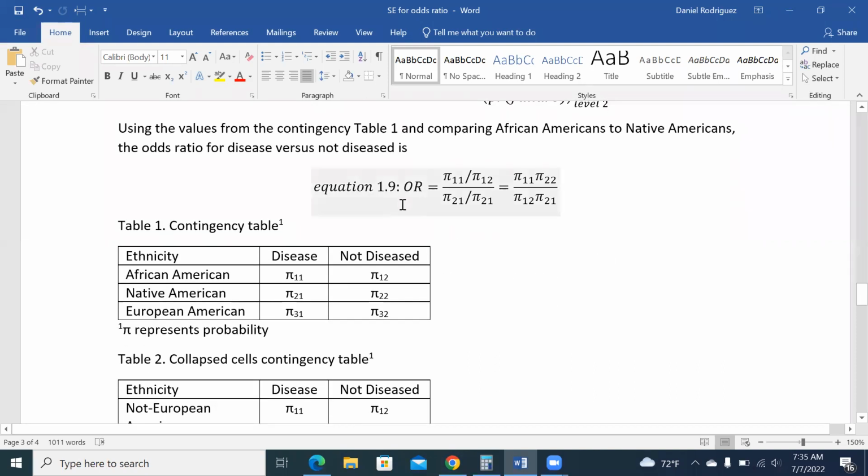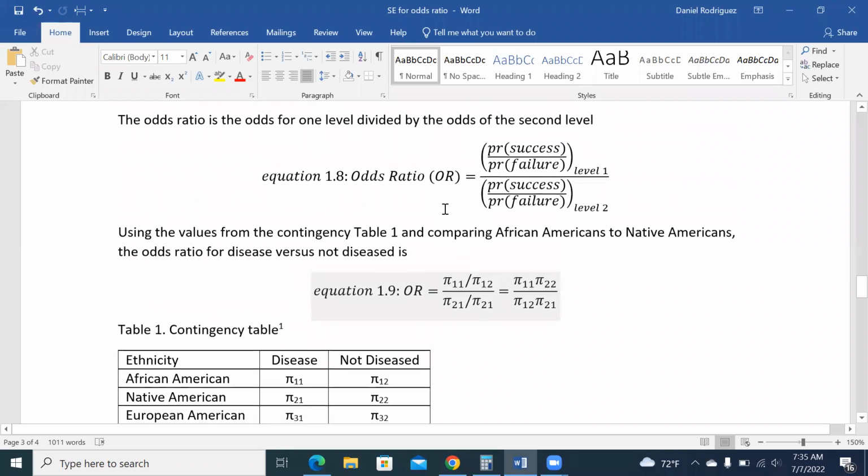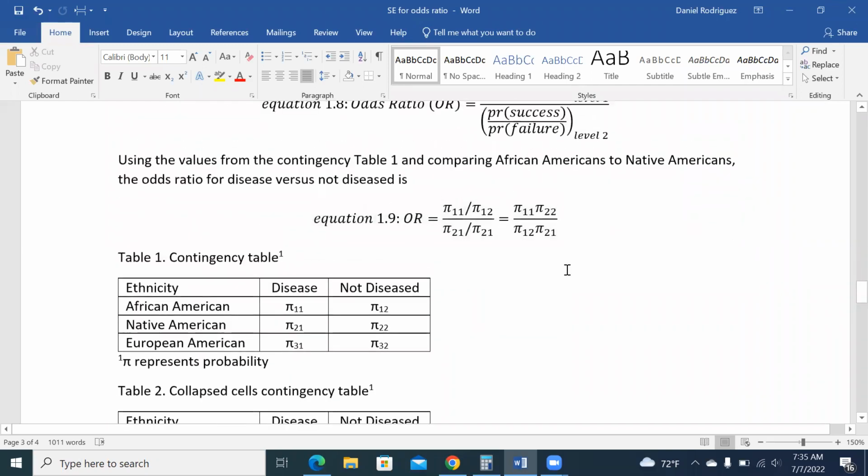Let's do this in a contingency table. We have this contingency table here, and in this case we're comparing African Americans to Native Americans in terms of propensity to have a disease. Each of these cells represents a probability. So this is essentially the probability of having the disease and the probability of not having the disease.